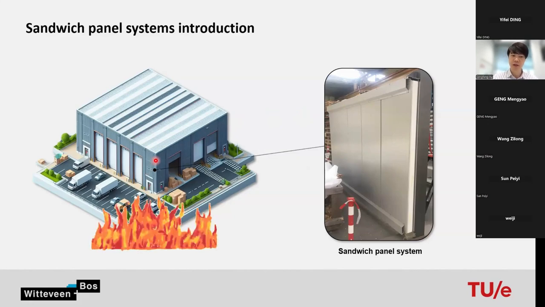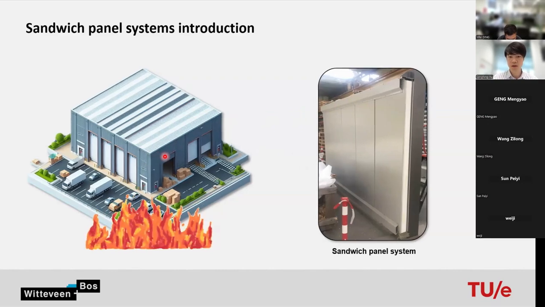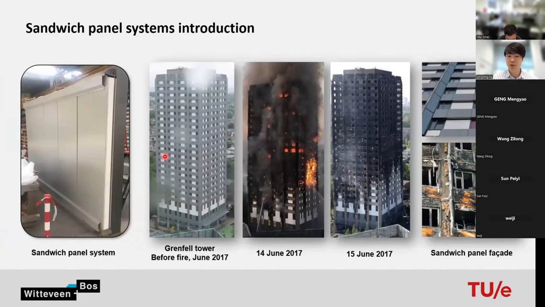But when it is exposed to fire, if we do not carefully take into account the fire resistance of these structures, we may have catastrophic consequences. For example, the Grenfell Tower fire occurred in 2017. We can find they used a lot of sandwich panels on the facade.